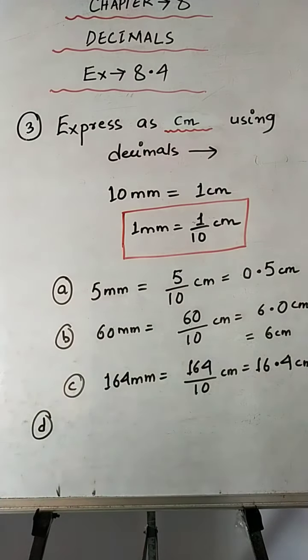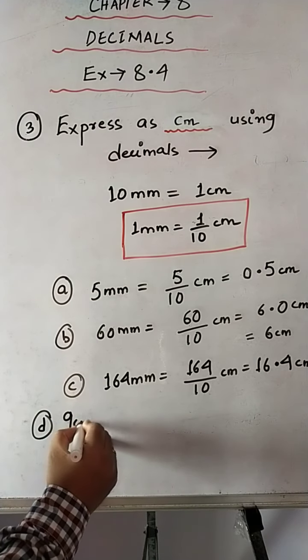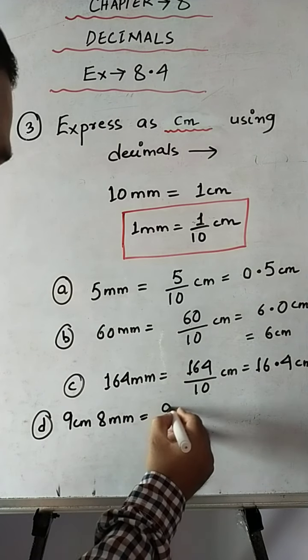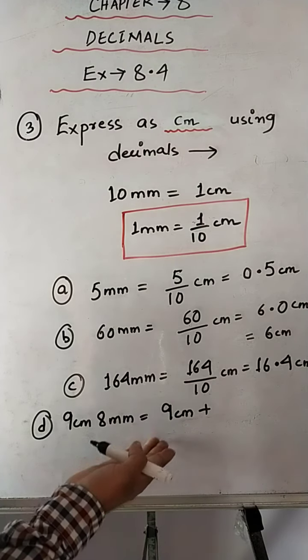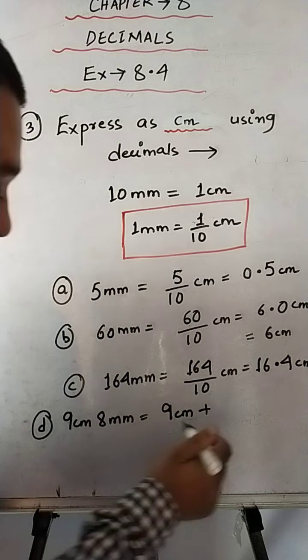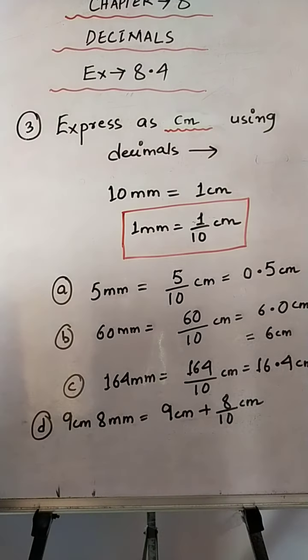Now let's do sum number D. So what is sum number D? We have 9 centimeter 8 millimeter. So that would be 9 centimeter. We will not change this part because it is already in the centimeter form. We will change this part, that is 8 millimeter, and it could be written as 8 by 10 centimeter, isn't it?